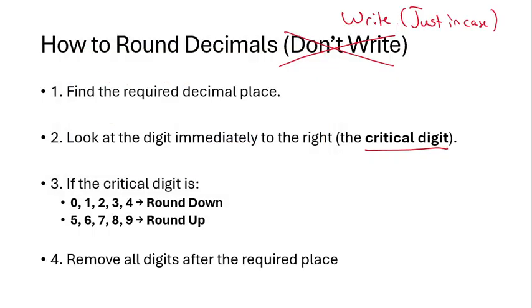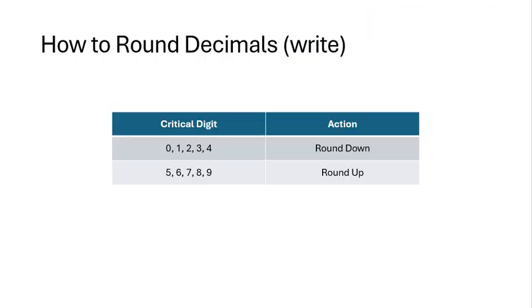Discard. And then number 4, remove all digits after the required rounding. But yeah, you should have this table down. This will pretty much help you decide how to round up or round down. So just make sure you have all that in.